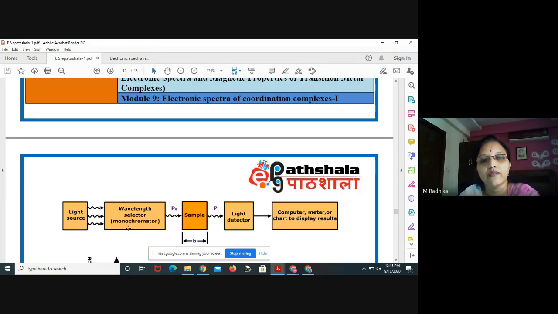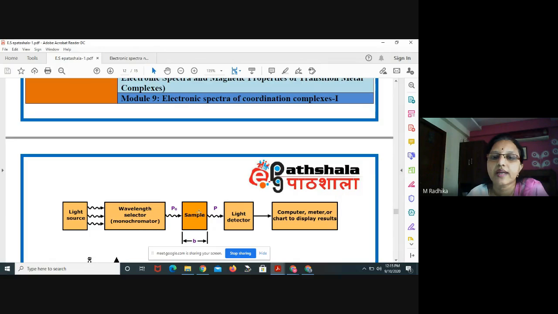Then it becomes a monochromatic light. Many wavelengths are there, and I select with the help of the wavelength selector, which we also call filters. Then I get only a single wavelength of light, which falls on the sample.